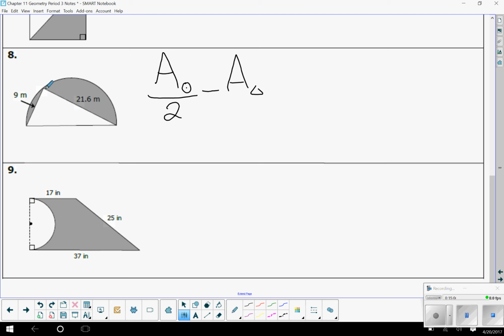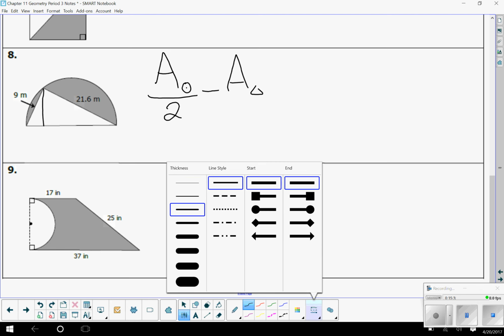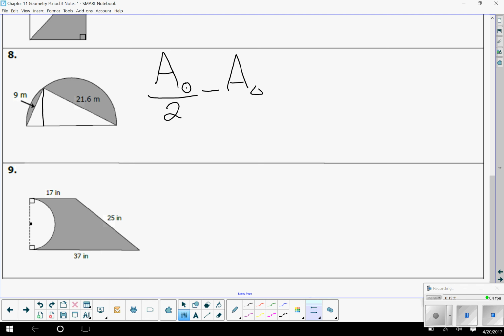So we need to drop the height. There we go. Drop the height. Okay. Which gives us a 90-degree angle.